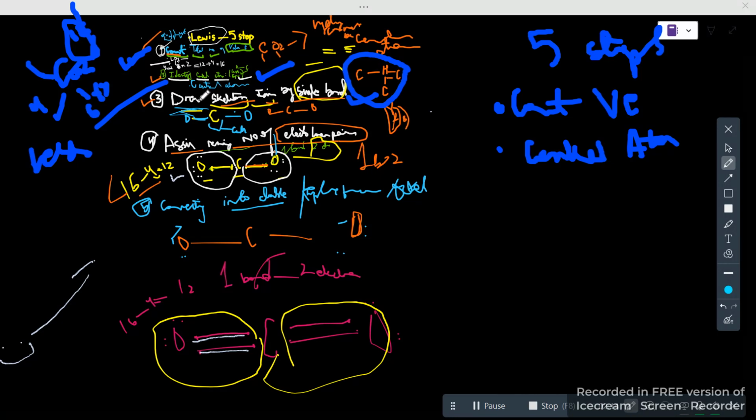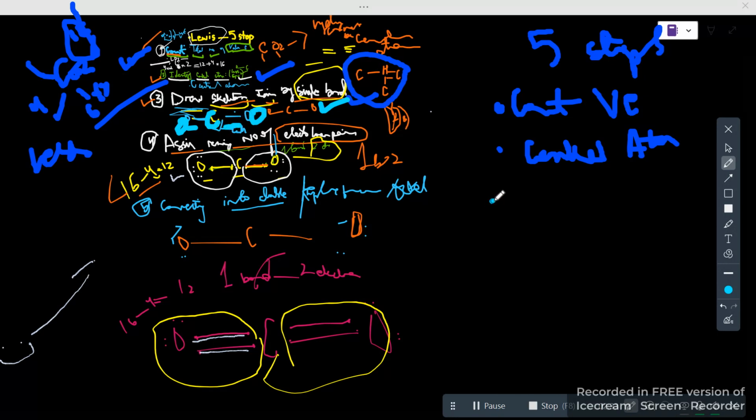So the third step was drawing a skeleton by joining single bonds. Here I have written single bond, and that also has a reason which I will discuss in the fifth step. Drawing a skeleton simply means that if I have taken carbon, you only need to give it bonding, like carbon with the oxygen, making the particular structure.